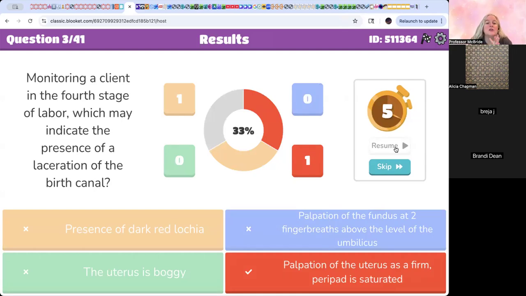If we're monitoring and we think there might be a laceration, the key would be if we're seeing bleeding, but when we palpate... because usually, if we're bleeding, what's the first thing to do? Assess for the saturation of the pads. So you went in and found a saturated pad. What should you do?